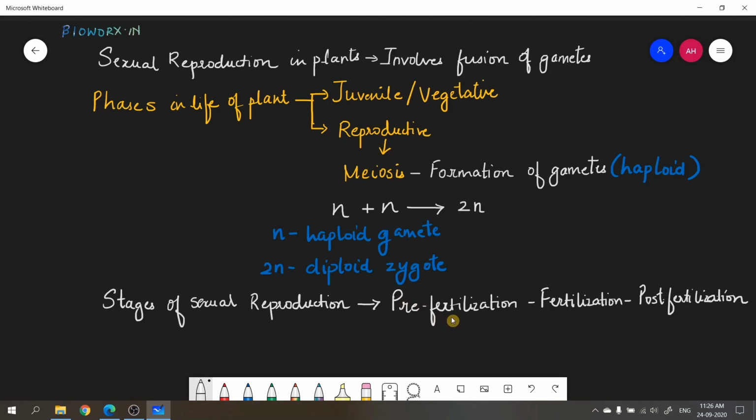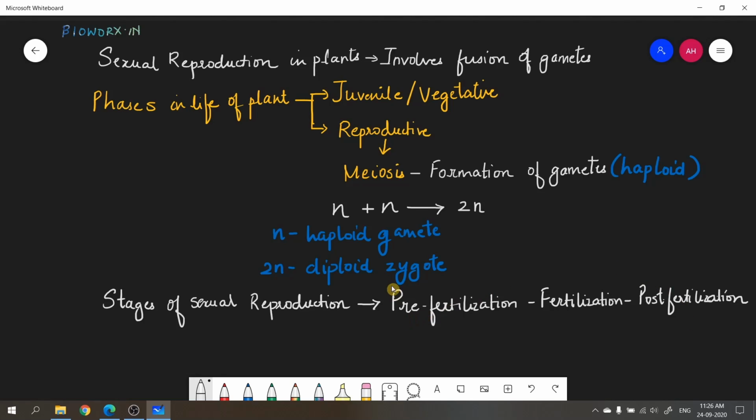So pre-fertilization means all the events that take place before fertilization. Then comes fertilization, which is the actual fusion of gametes. And then it is followed by post-fertilization, which will include all the events that occur after fertilization.